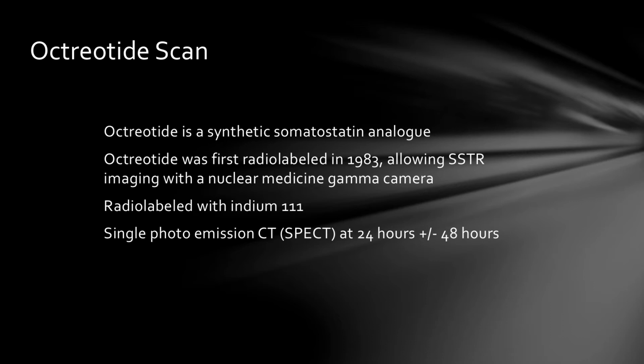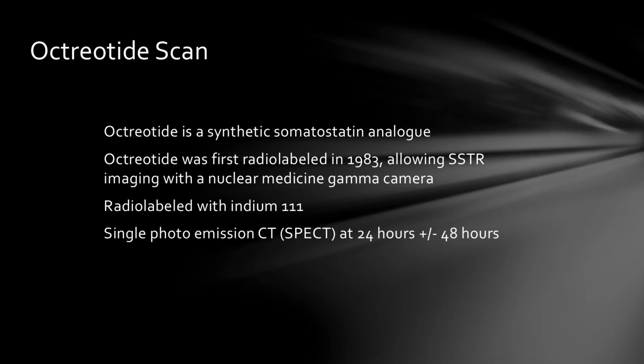Basically, they take octreotide, radiolabel it with indium-111, and inject it. The octreotide binds to the cells in the body which express somatostatin receptors on their surface, and then the radioactive indium decays, releasing small radioactive particles which the nuclear medicine cameras can pick up. By doing this, they can get a distribution and amount of cancer cells throughout the body.